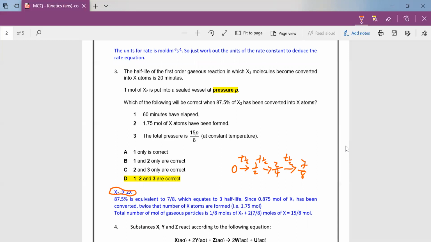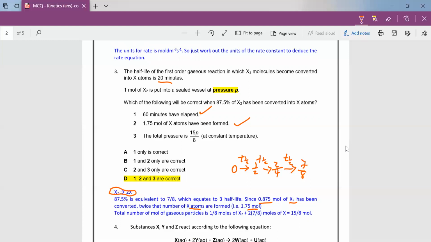Okay, so since your X2 has been converted 0.875, twice the number of X atoms are formed. So that gives this correct. Earlier on, 3 half-life, per half-life is 20 minutes, 3 half-life 60 minutes.